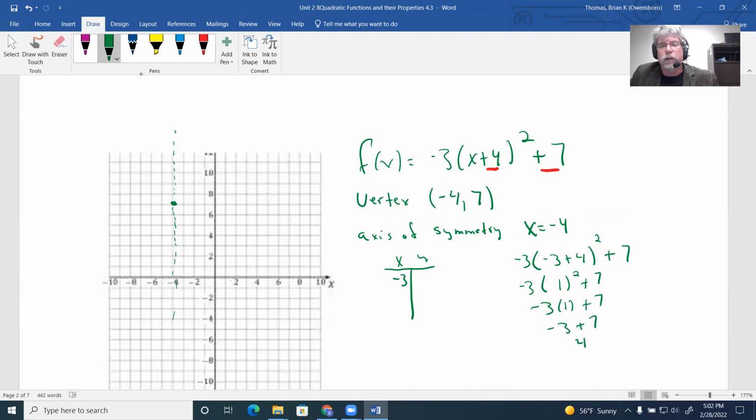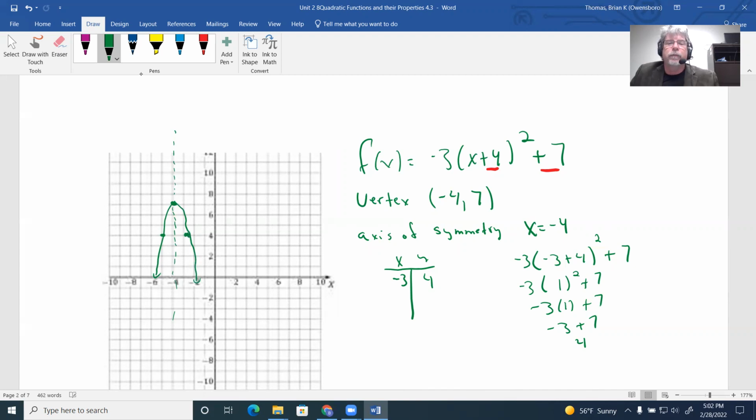So -3, 4 would be another point. So -3, 4 would be located here. And remember, this graph is going to be opening down, and I should just mirror this point across the axis of symmetry. So there's also this point -5, 4. And that should be enough information now to sketch the graph of the parabola.